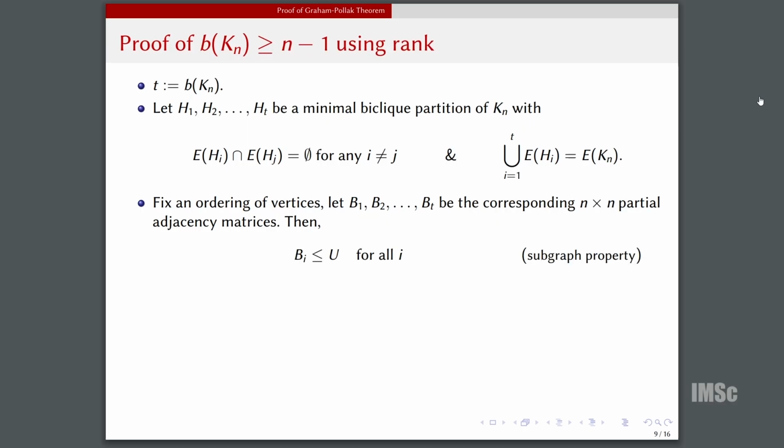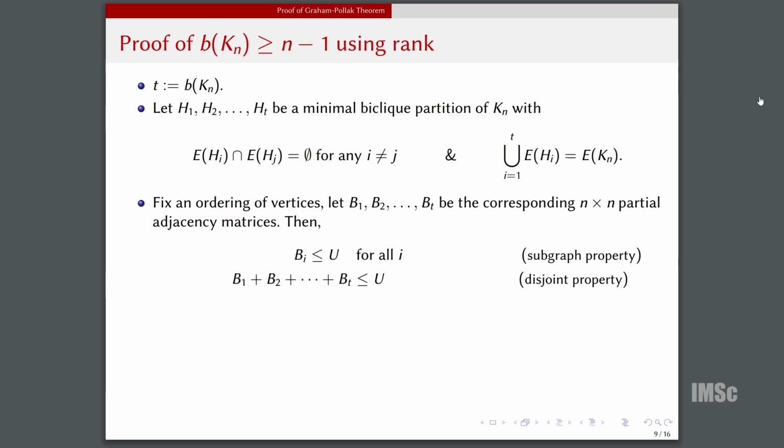The first observation is that the partial adjacency matrix of the biclique is entrywise at most U, where U is the partial adjacency matrix of the complete graph. This is fine, because every edge of H_i appears in K_n, so B_i will be at most U entrywise.